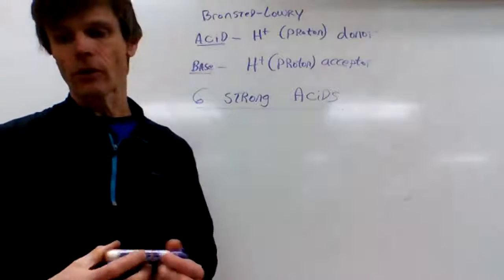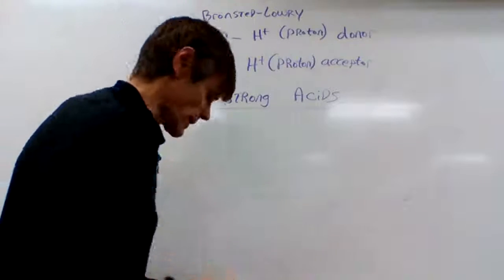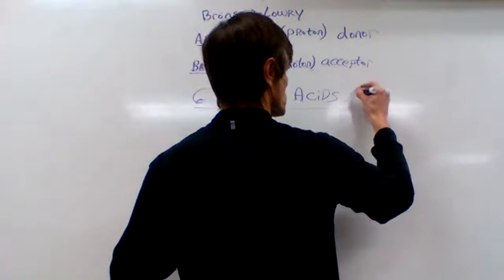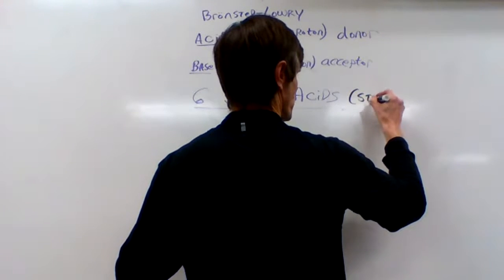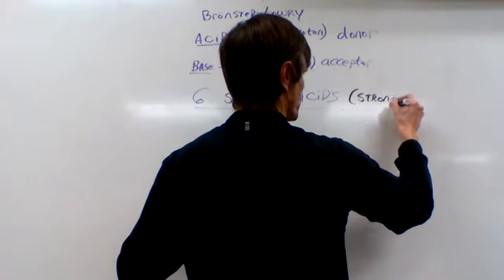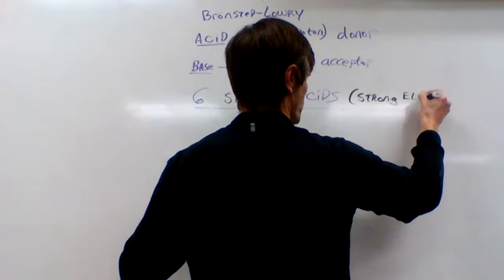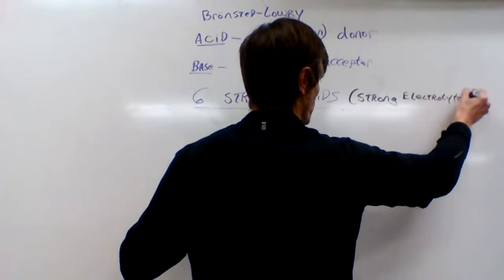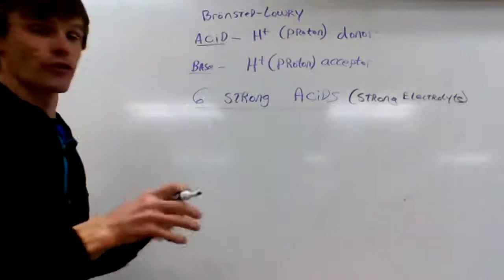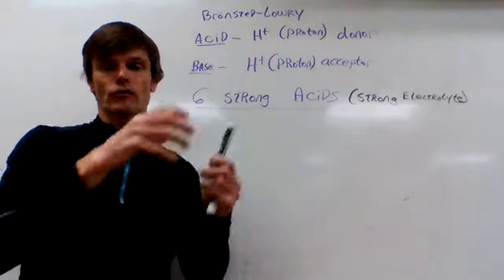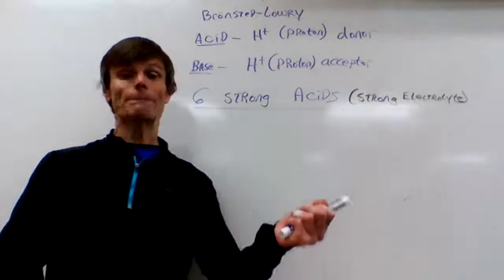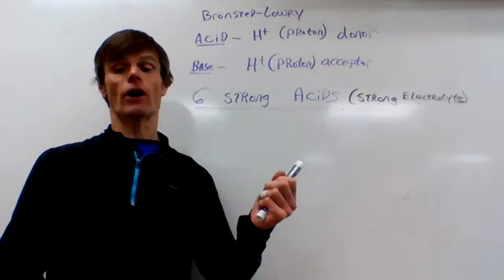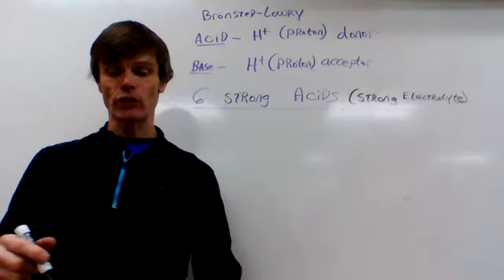Strong acids are strong electrolytes. As we showed for sodium chloride, strong electrolytes break up completely. Strong acids break up completely also. And there are 6 of them that you need to know.